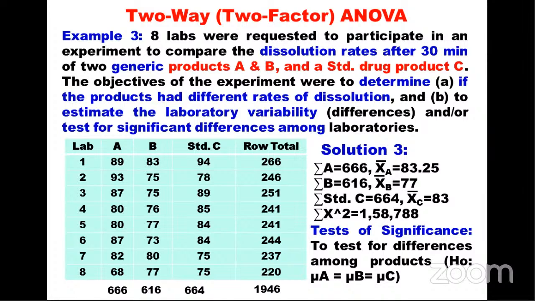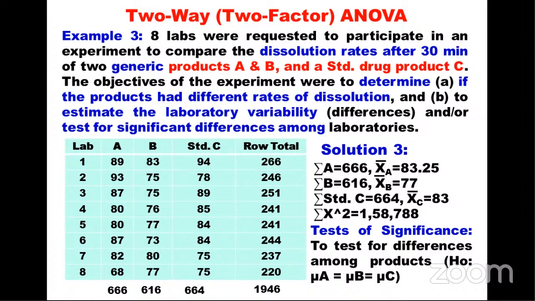Is there any significant difference between them? Also, to estimate the lab variability, lab 1, lab 2, lab 3, up to lab 8: is there any variation between them for the products? And a test of significant difference among the laboratories and among the products. So keep those things in mind.